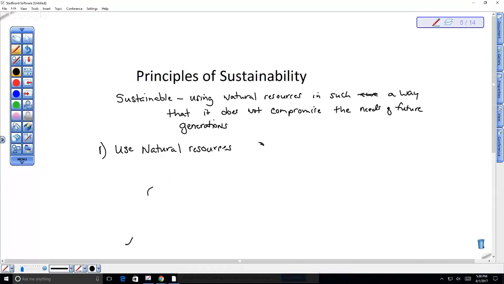The oxygen that we breathe in is a resource that we have to have in order to survive. So we use natural resources and environmental services in a sustainable way.